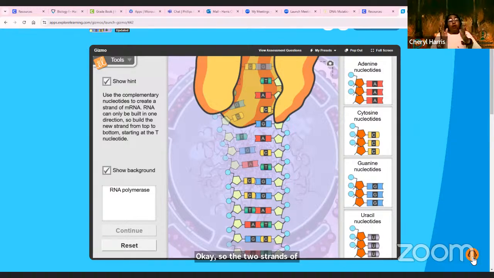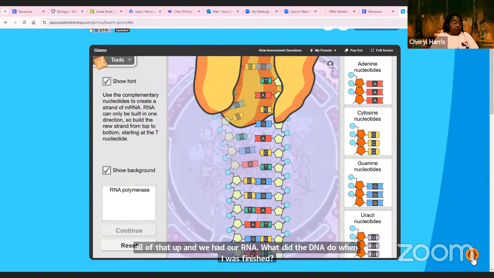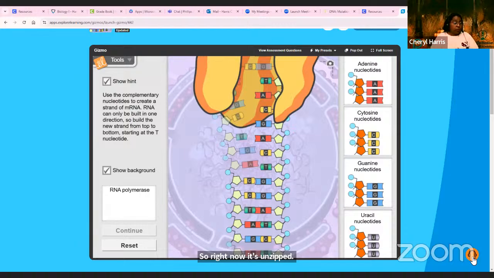When I finished matching all of that up and we had our RNA, what did the DNA do when I was finished? So right now it's unzipped. When I was finished, what did it do? The RNA is made, yes, that's off to the side. But what did the DNA do when I was finished making the RNA?